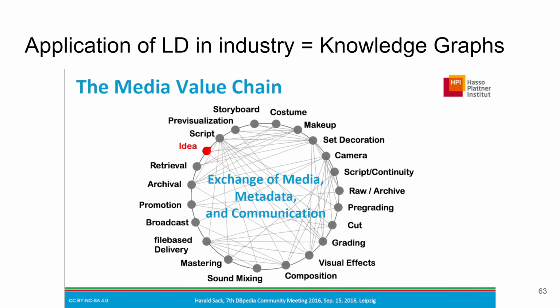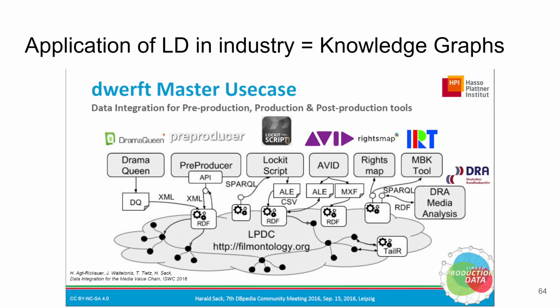Which led to a huge amount of transformers. And if a new system came, it had to implement transformers to and from all the other systems it wanted to interact with. A solution to this problem was creating a knowledge graph, an intranet of data, an RDF store, to which all the data coming out of those systems were transformed, and therefore all the systems could also take data only from the RDF representation, from the linked data representation.